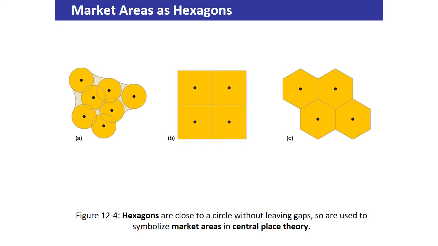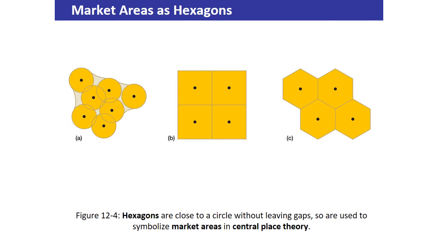Instead of using circles, where you would get a lot of overlapping areas and big gaps in between them, showing some areas with no services, some areas with overlapping services, which in a weird way might not be a terrible way to show it. Or using squares, where the people located in the corners would be the farthest away from these central dots, which would be the settlement where the services are coming from.